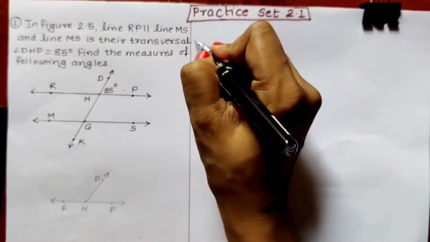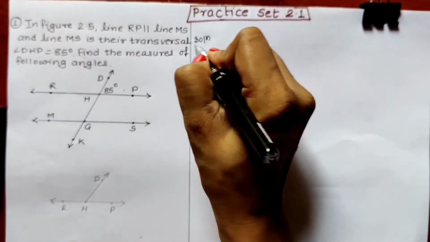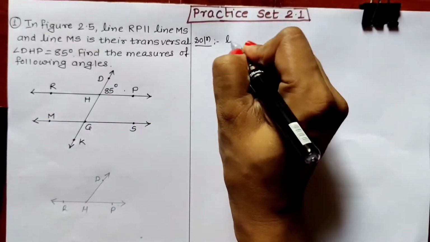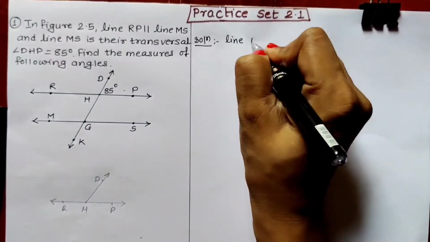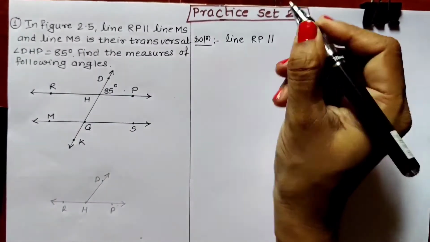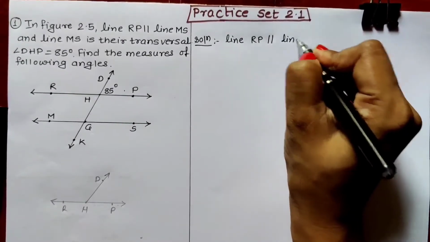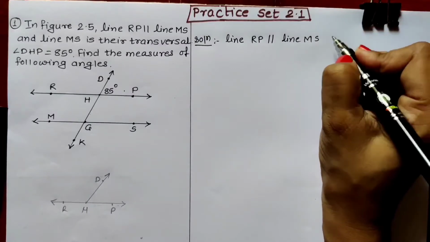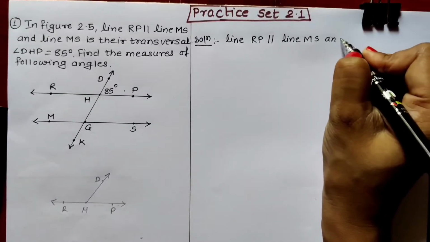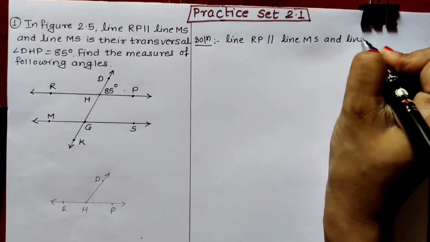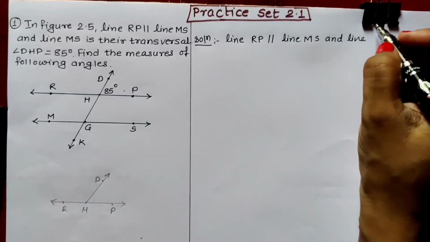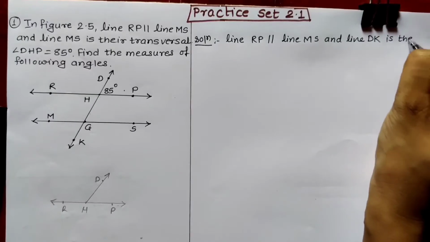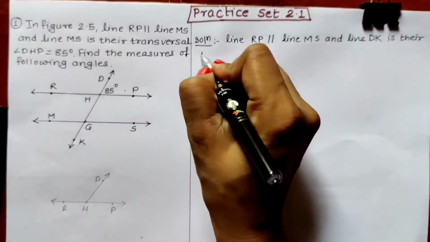In the solution, we will first write whatever is given to us. Line RP is parallel to line MS and line DK is the transversal.